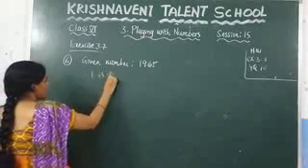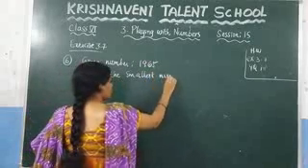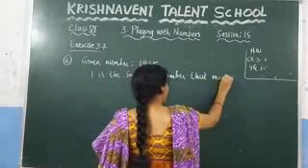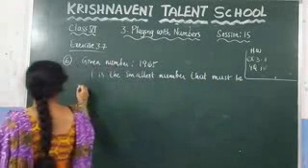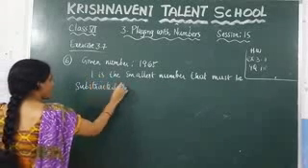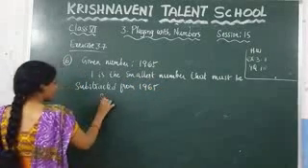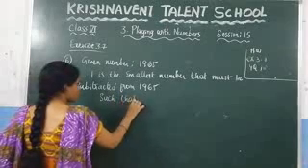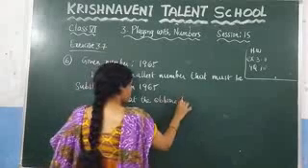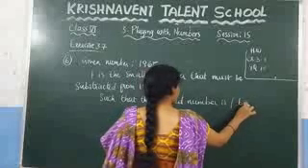Just now we have done. 1 is the smallest number that must be subtracted from which number? 1965, such that the obtained number is divisible by 4.